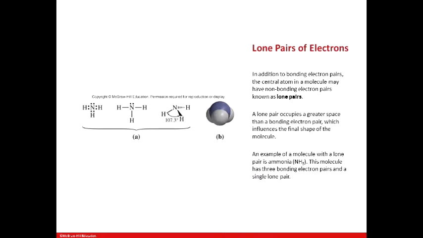This happens because we have what's called a lone pair of electrons on nitrogen. So look where nitrogen is, group 15.